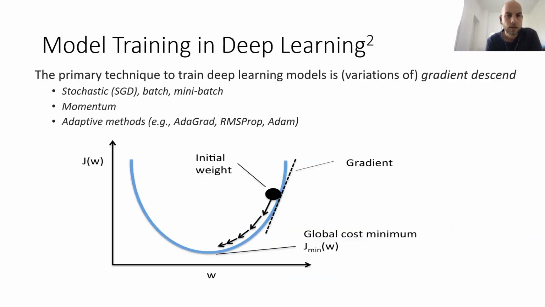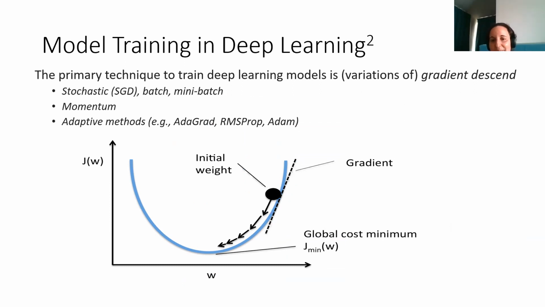Once we have defined the model, the loss function, and our optimization problem, we need to train it. A very popular training algorithm uses variations of gradient descent. I'm not going to go into details of the gradient descent.